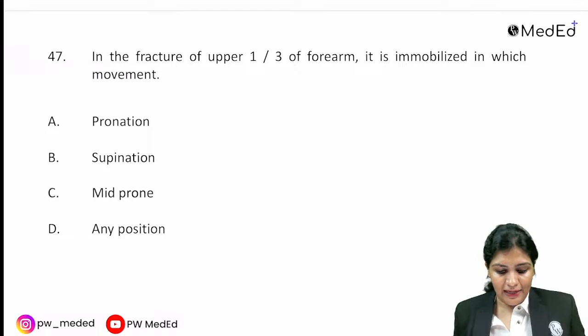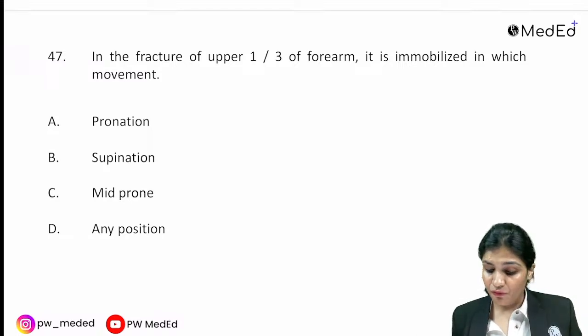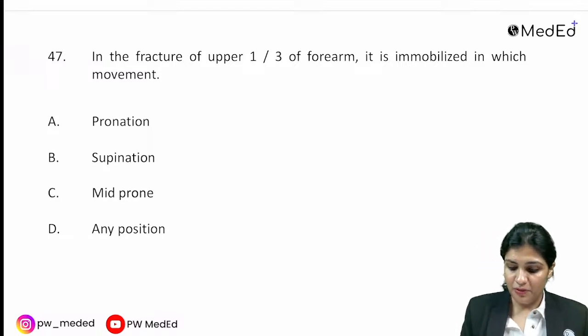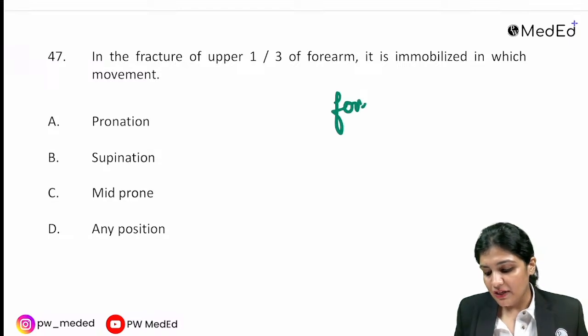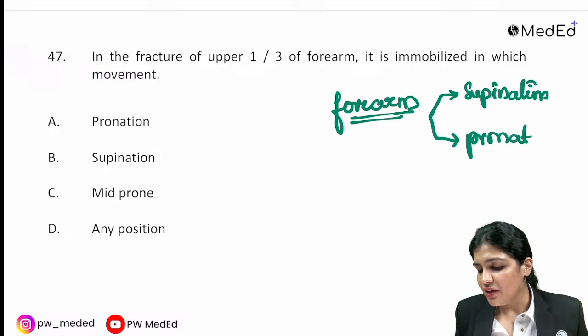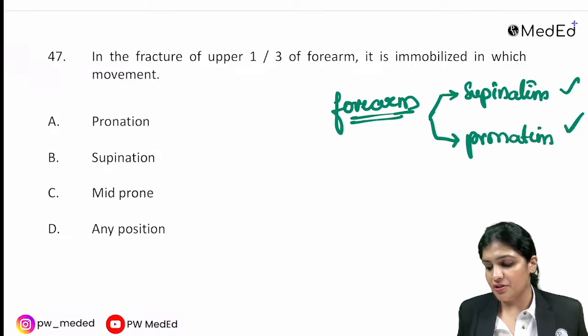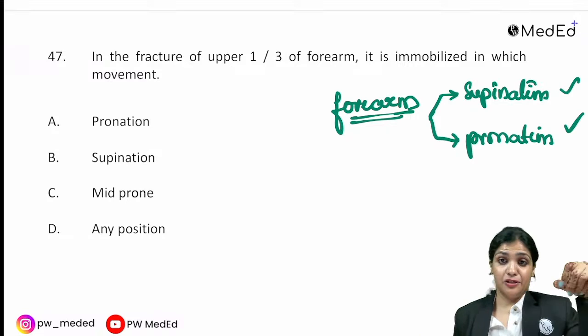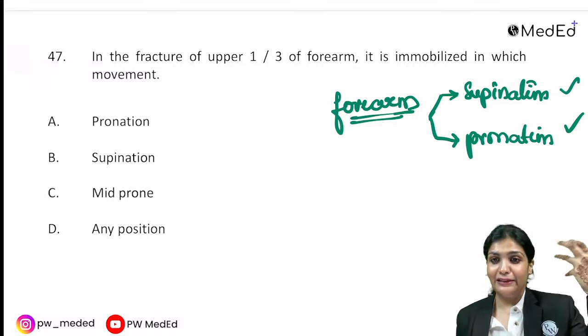MCP. Next, in the fracture of the upper one-third forearm, it is immobilized in which movement? Some specific conditions for the forearm are because of the movements called supination and pronation. This is the very special area where you do supination and pronation. In the foot also you do supination and pronation, but that is a combination of other movements.